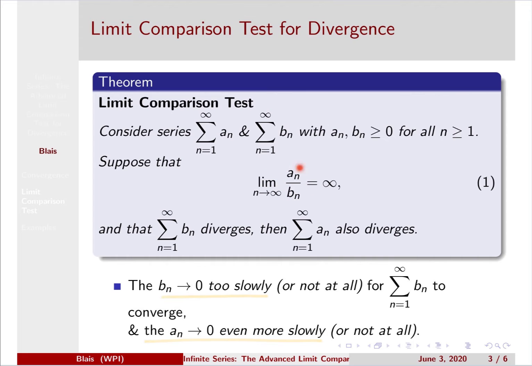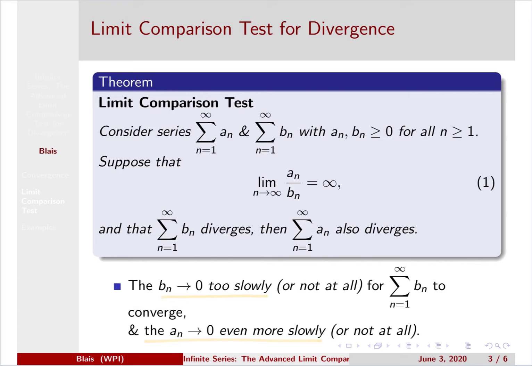So again, think of this as a race to zero. b sub n is going to zero slowly, and a sub n even more slowly for this limit to be infinite. Well, if a sub n's are going to zero even more slowly than the b sub n's, then there's no way the sum of the a sub n's could be finite.